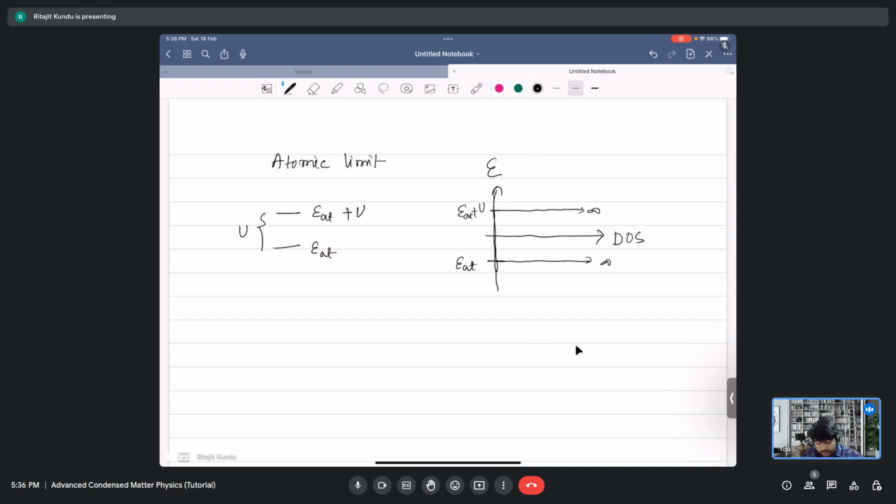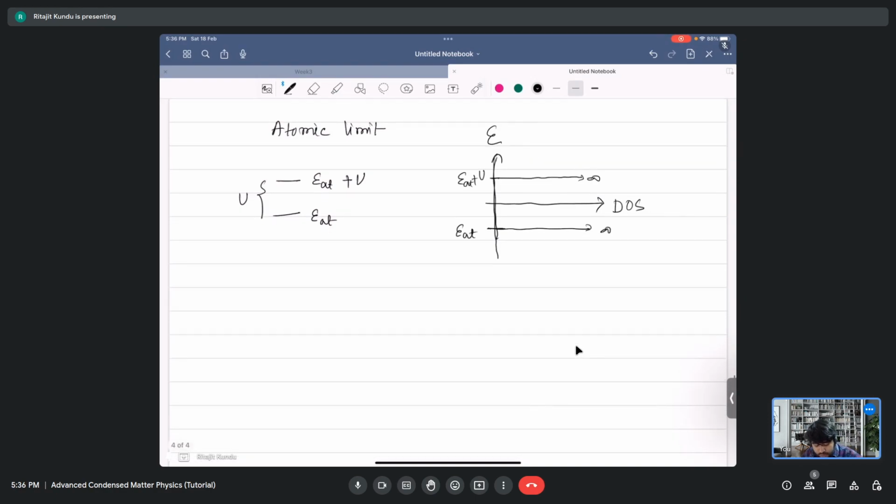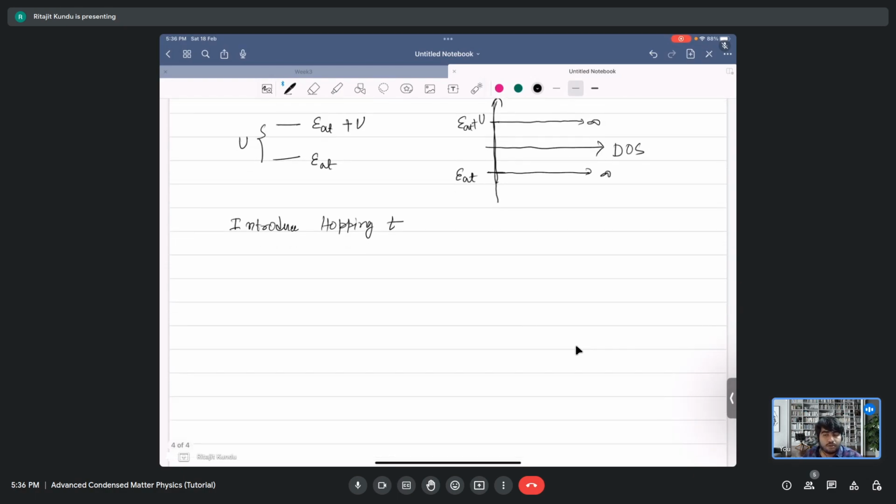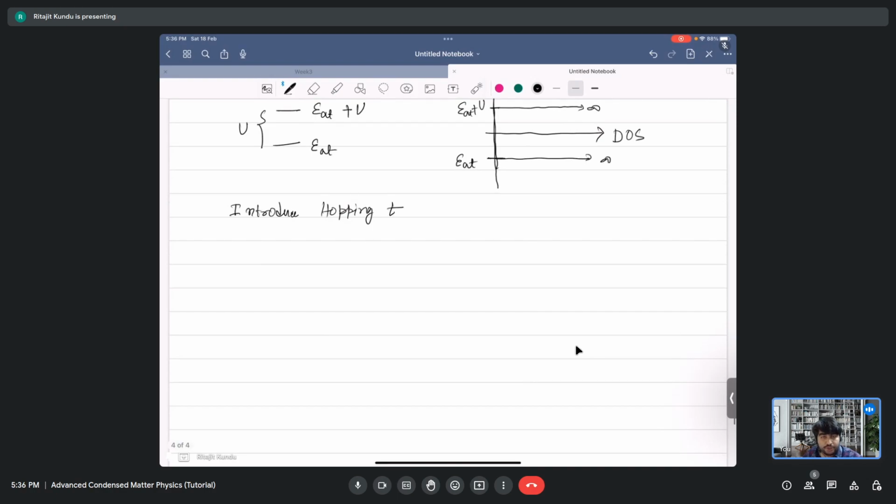Okay, now what we will do is introduce hoppings. When you introduce hopping, this degeneracy will be lifted. You probably know from calculating bands that when you introduce T, the atomic levels expand and become a finite bandwidth, something like 2T cos k.